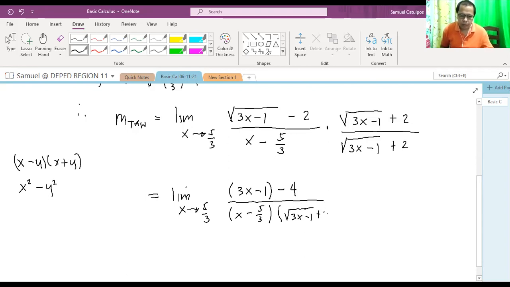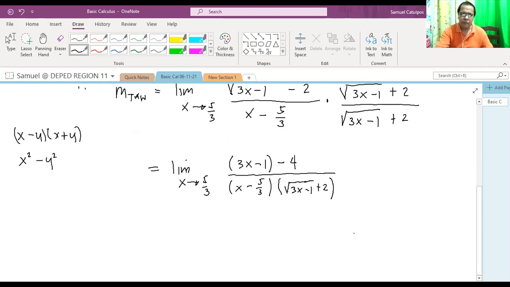So nga na ang nahitabo sa imong equation. So na-eliminate na nato ang atong square root sa taas. Ang problema ani kay napay square root sa baba.